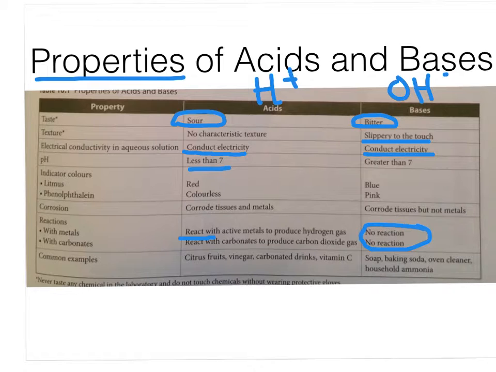And then bases, the pH range is anything greater than 7. Some common examples of acids would be citrus fruits, vinegar, carbonated drinks, vitamin C. Some examples of bases would be soap, baking soda, household ammonia.